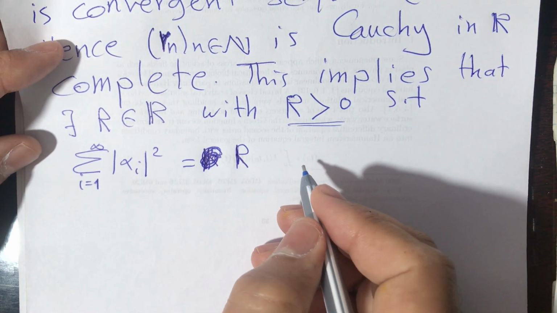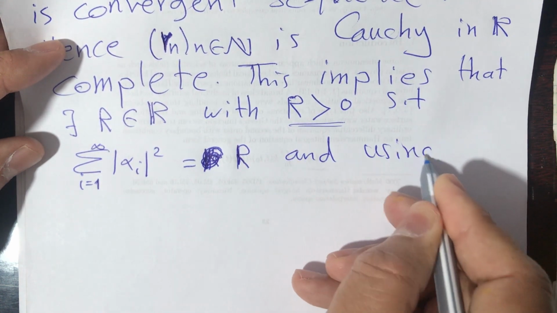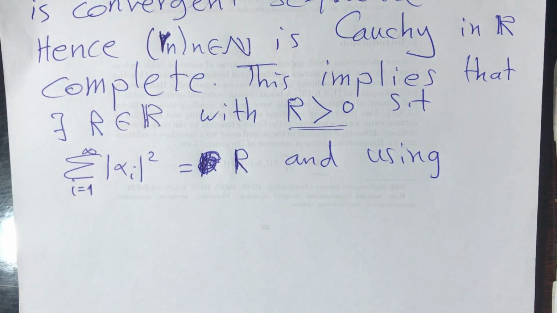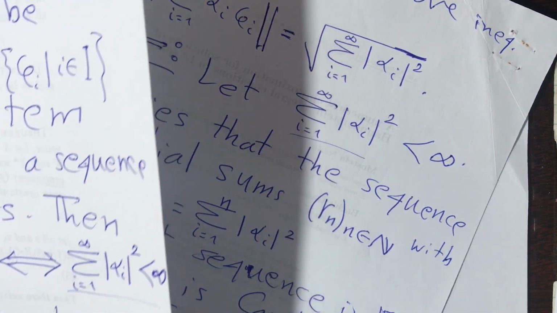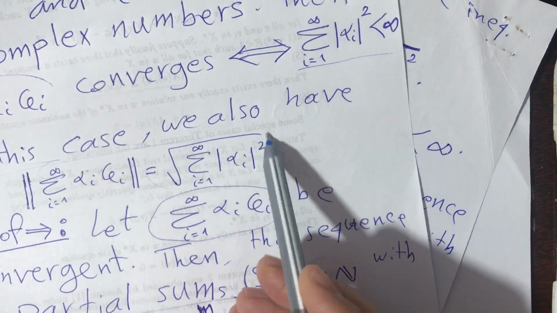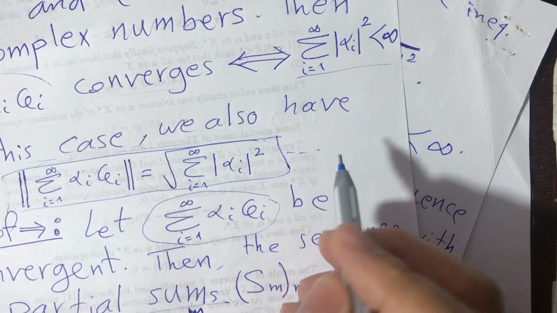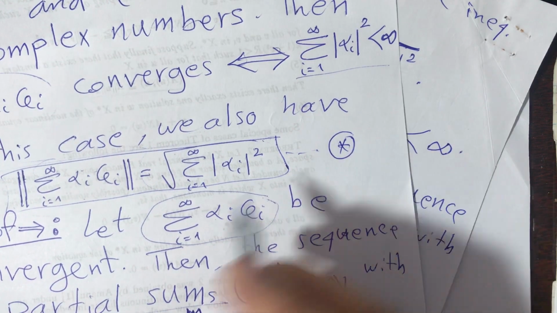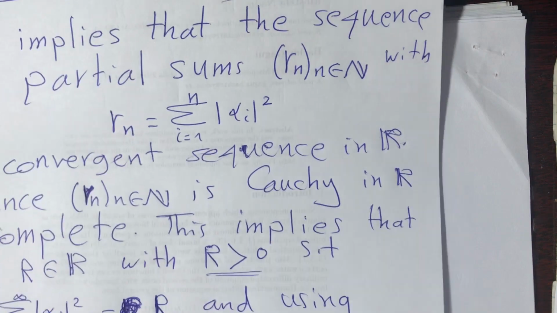And using this, we use this in our theorem. In this case we have this equality, let's call it star.